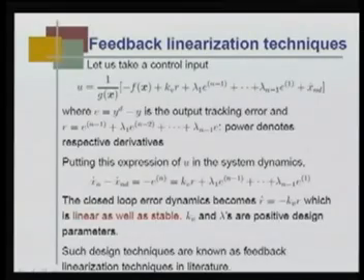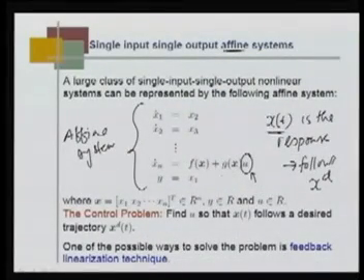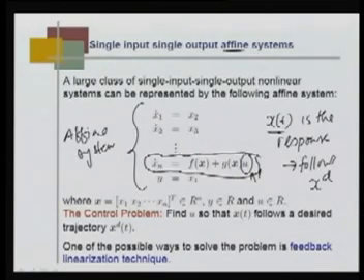What is feedback linearization? In feedback linearization, what we normally do is this: you see that this is u. Linearization means finding what u should be such that this term becomes linear, so that the overall system turns out to be linear.